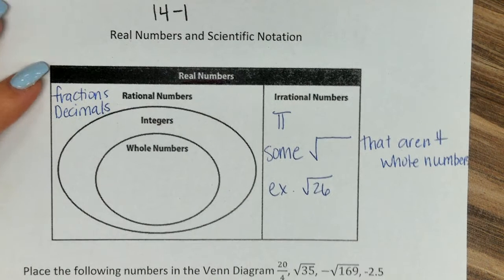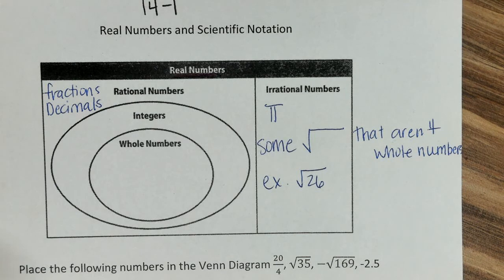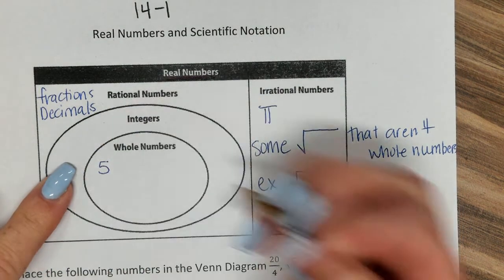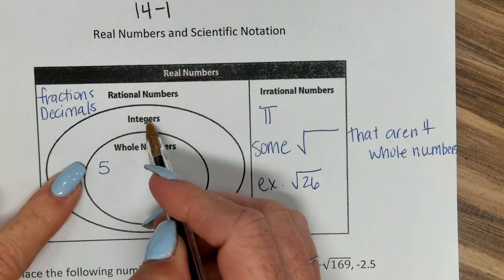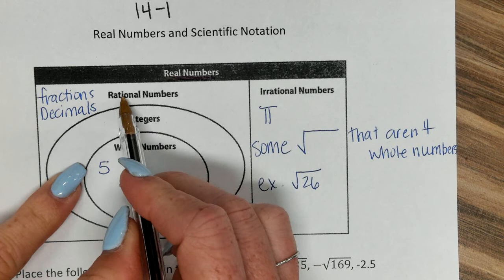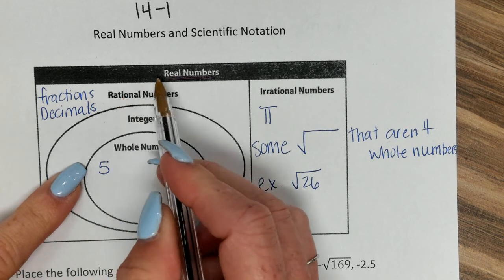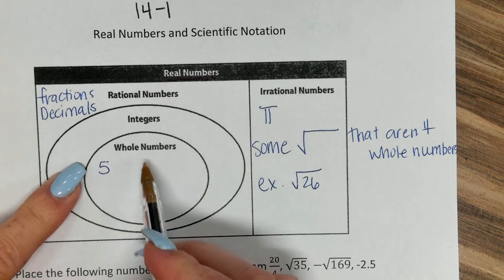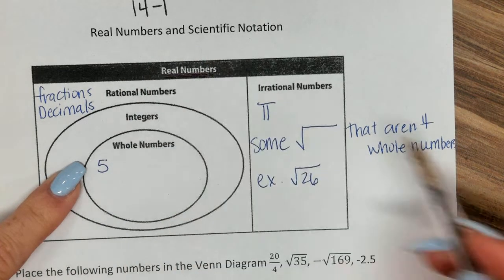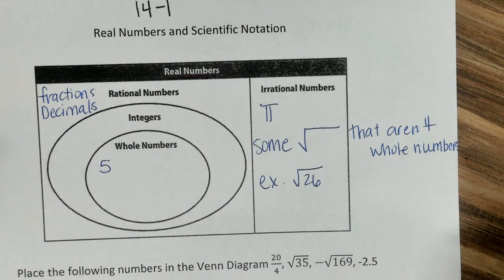Now, what y'all need to understand about this chart is that if a number is whole, like 5, it is also an integer. Is 5 an integer? Yes. It is also rational, and it's also real. So if it's in this circle, it's everything there. Make sense? Yes or no?